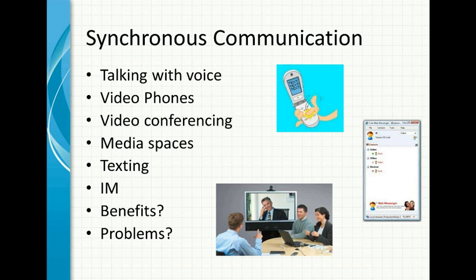However, some problems are that you're writing or you're texting or you're typing and they do get the information right away, but interpretation can come back wrong. I know many times I've IM'd people and then they got the wrong idea about what I wrote. And I can't hear their voice, so I don't know exactly if they have frustration or if they don't.